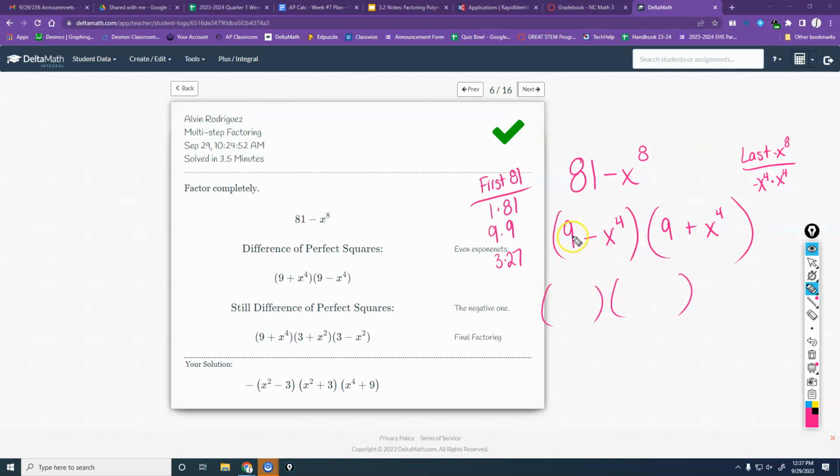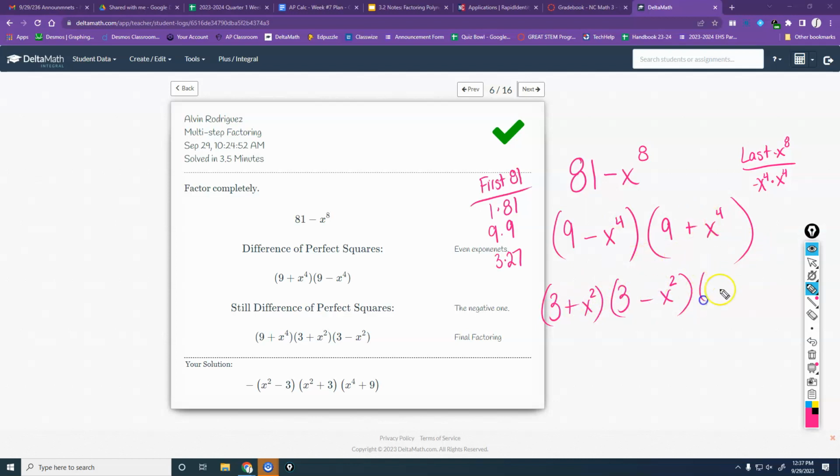So, what number could I multiply together to get 9? 3 and 3. What could I multiply together to get x to the 4th? X to the 2nd times x to the 2nd. We want to make one of them positive, one of them negative.